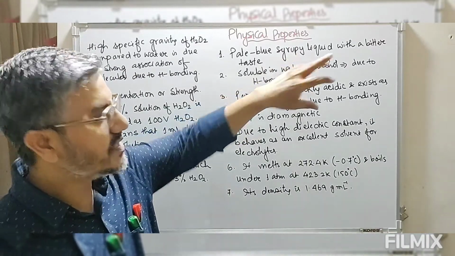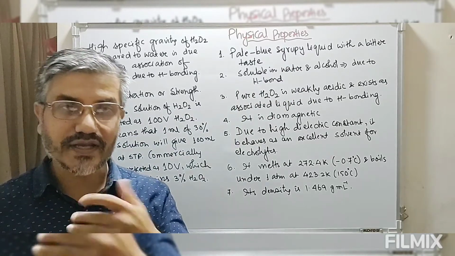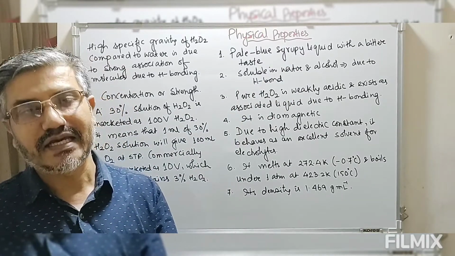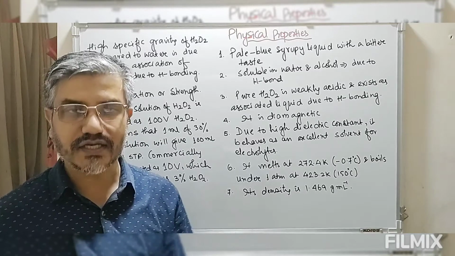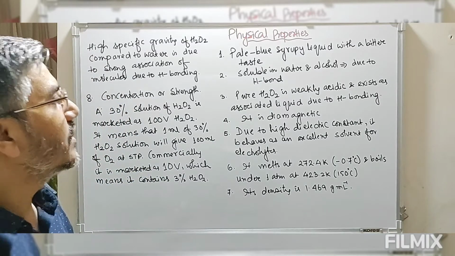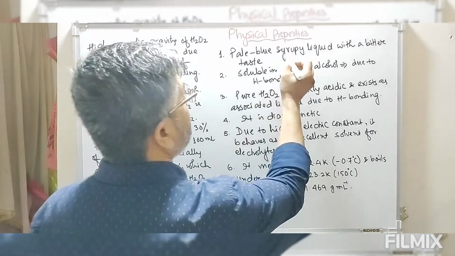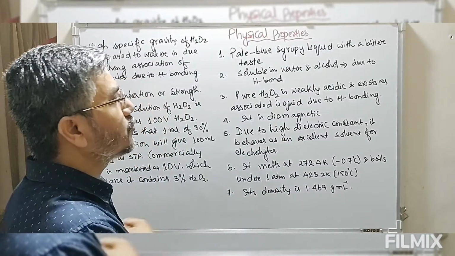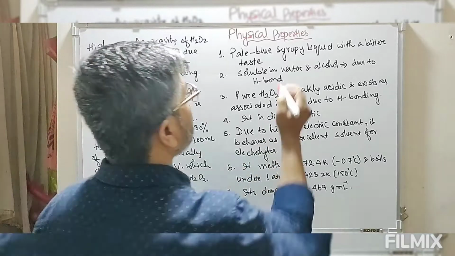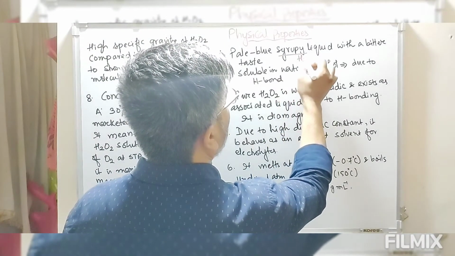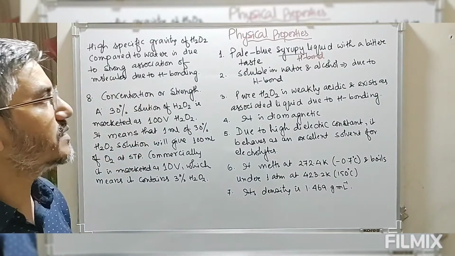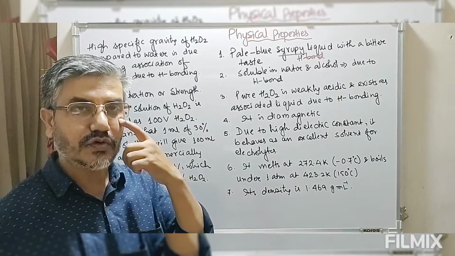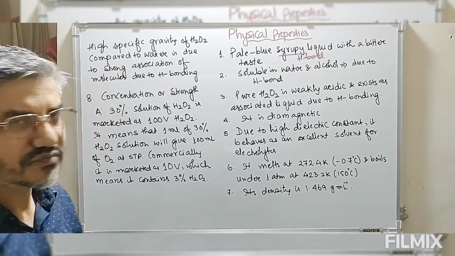This syrupy nature means having high viscosity. This syrupy nature of hydrogen peroxide is again because of hydrogen bond. Hydrogen bond is responsible for the syrupy nature of this molecule.